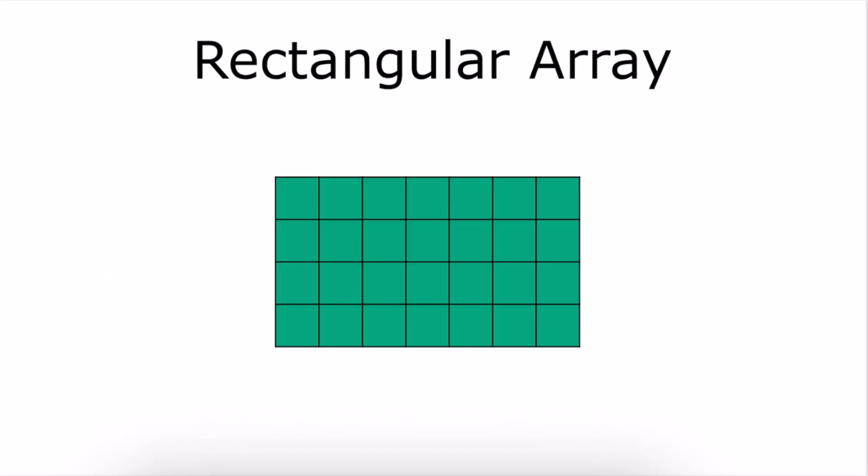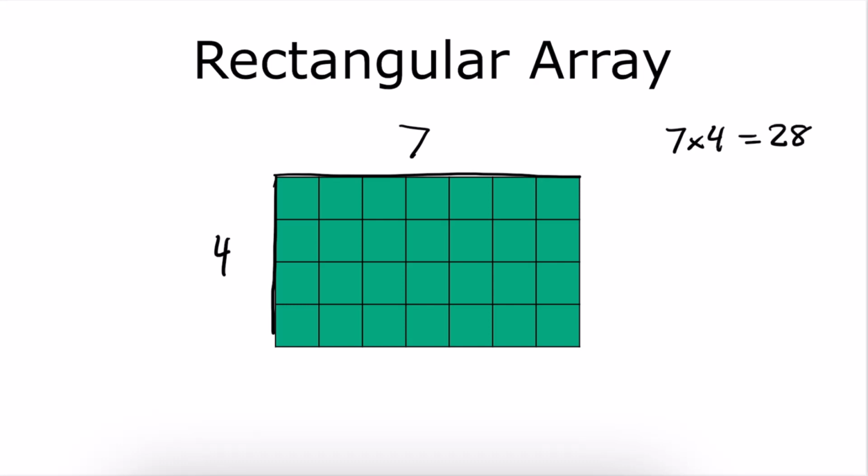Another model that you can use is the rectangular array model. So if we look at this rectangle, the number of squares along one side, or the length of the rectangle, is 7, and the width of the rectangle is 4. And so this rectangular array models the problem 7 times 4, which equals 28 because there's 28 squares total.